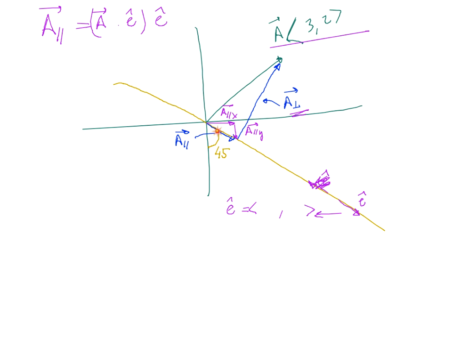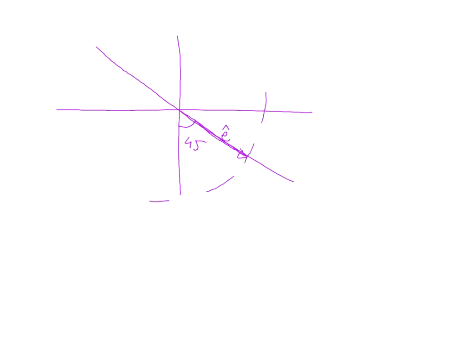If the direction of the line is 45, let me give you a hint. If this is 45, I'm looking for the unit vector along this direction here. Unit vector is a unit vector, right? Therefore, its length is 1. So this is 1. And I want the x and the y component, or the y and the x component.